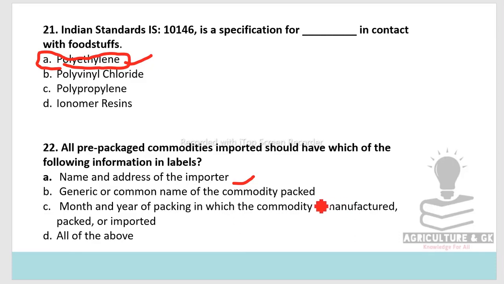The scientific name is not necessary, but a generic or common name should be there on the label. And the month and year of packaging when the food product was manufactured, packed or imported, which will help us in calculating its shelf life or when the product is about to expire. So all of the above is important to be on the label of an imported food commodity. So our answer will be all of the above.